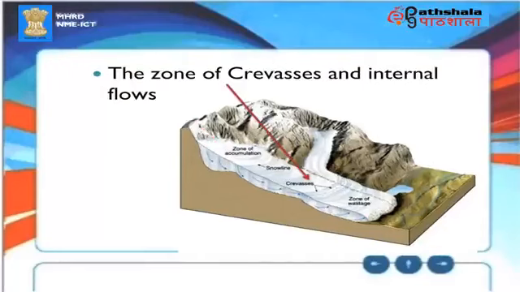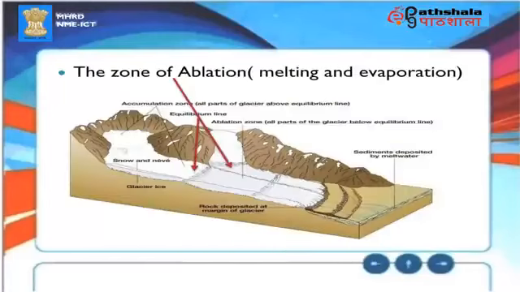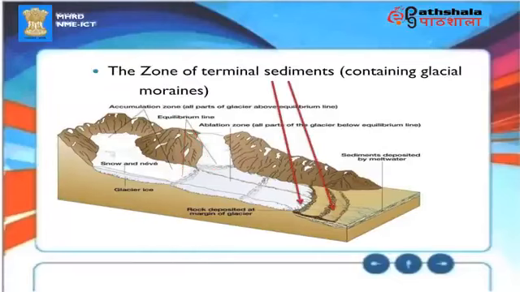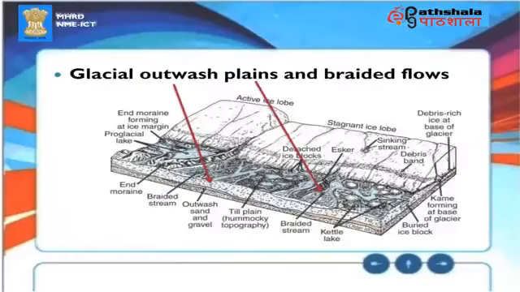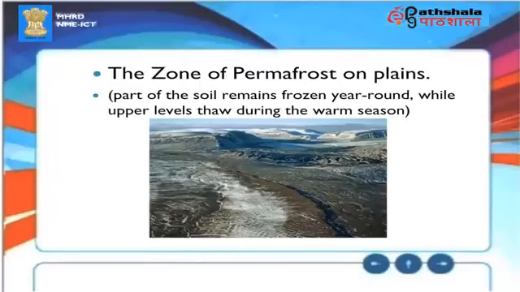The zones of crevices and internal flows. The zone of ablation, melting and evaporation. The zone of terminal sediments containing glacial moraines. Glacial outwash plains and braided flows. The zone of permafrost on plains.